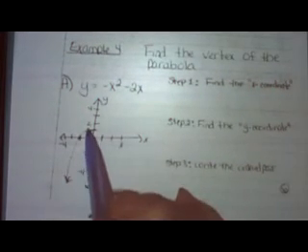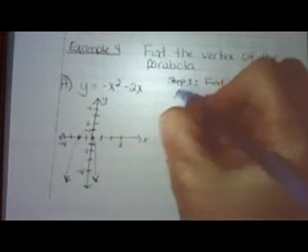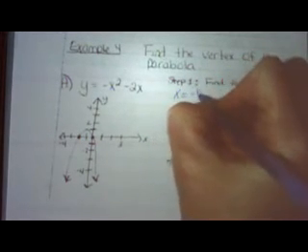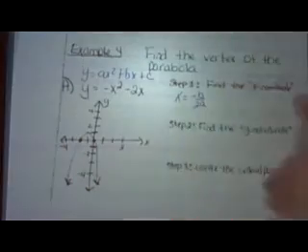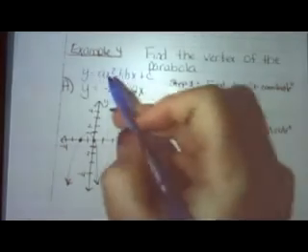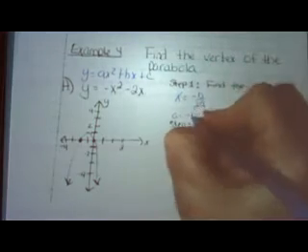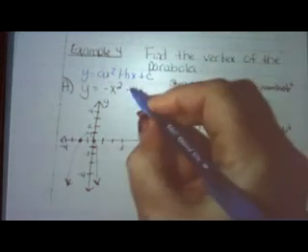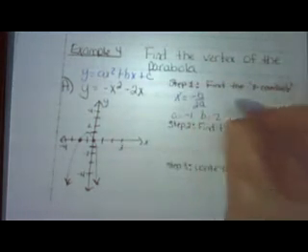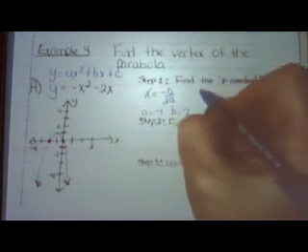Going to find the vertex of this parabola. First we have to find the x-coordinate by using the formula x equals negative b divided by 2 times a. Here's our form. It is in the form y equals ax squared plus bx plus c. So my value of a, I can see, is negative 1. B is negative 2. So I'm going to plug these values in.